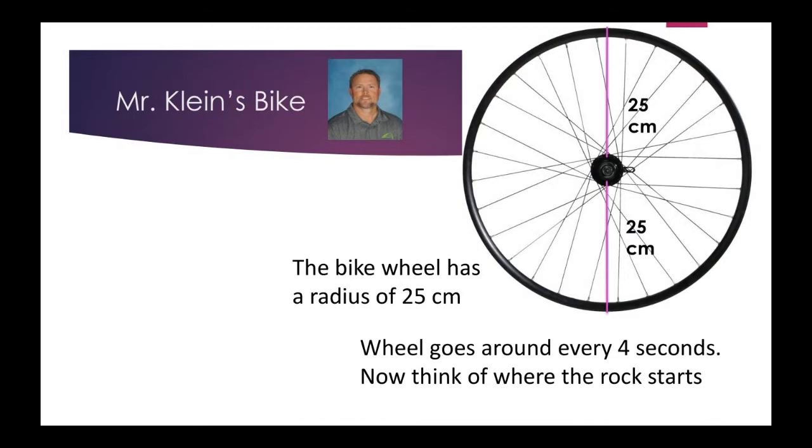But think of where the rock actually starts. If you're a rock that's sitting there and Mr. Klein's wheel goes over and you get caught in the bike wheel, is it clear to you that the rock started on the bottom? The rock started on the ground. Is it also obvious to you that the center is exactly 25 centimeters off the ground?